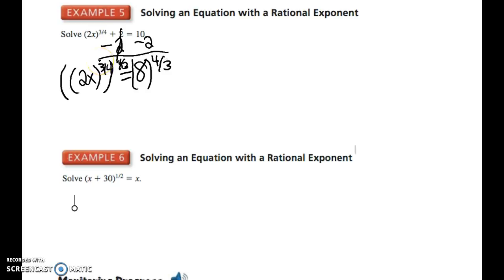On my left-hand side, these will cancel out and become 1, and we're left with 2x is equal to 8 to the 4/3, and I know that's the cube root of 8 to the 4th power. You can use your calculator, but cube root of 8 is 2, and 2 to the 4th is 16. So I get 2x equals 16.